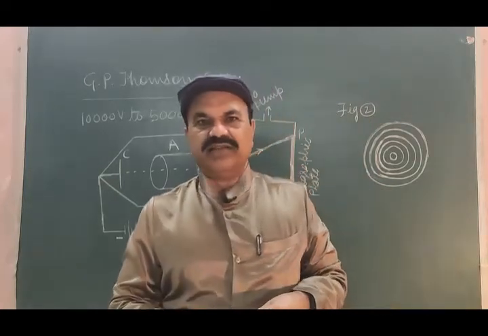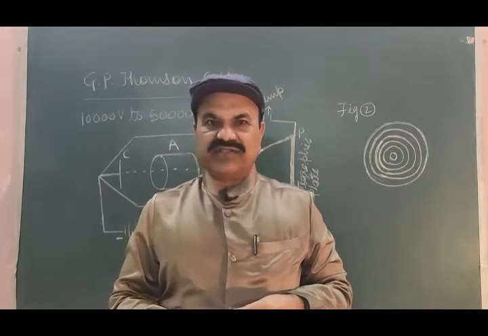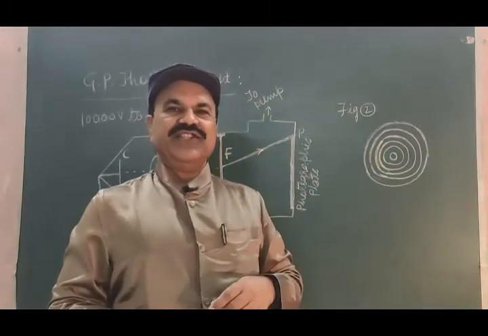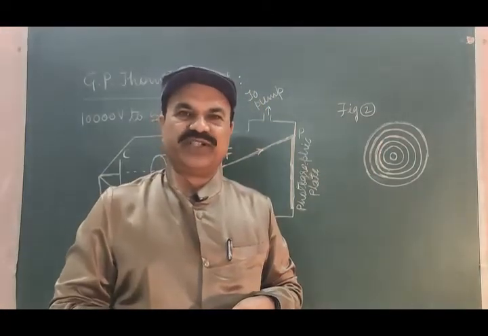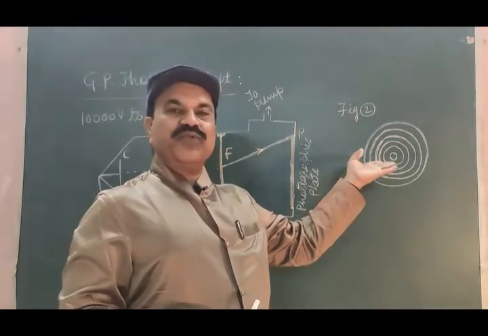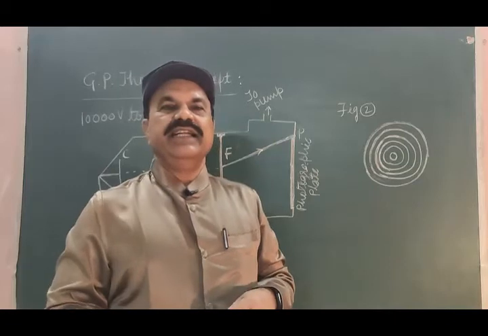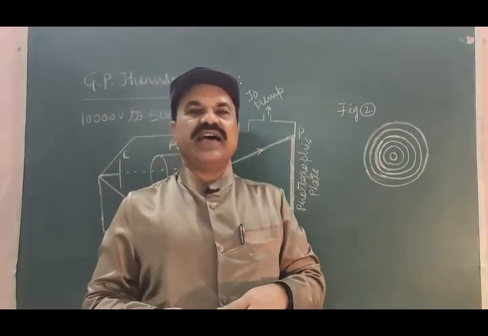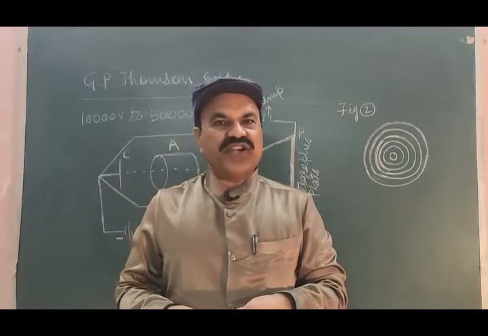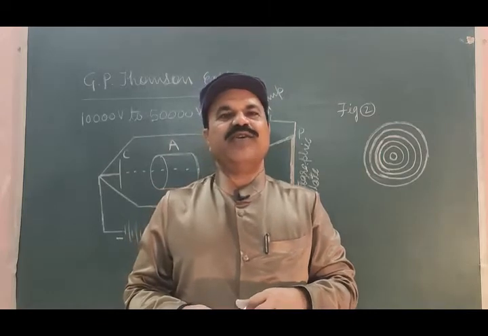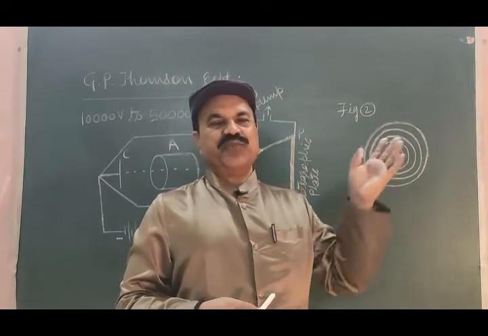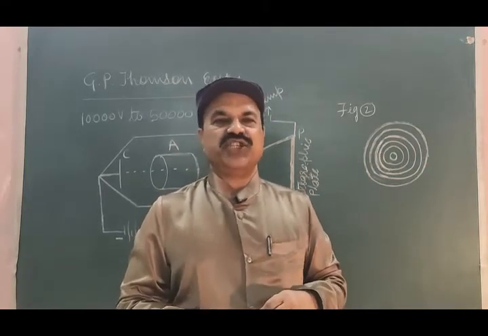X-rays are electromagnetic waves. X-rays can provide us this type of diffraction pattern. Electrons also provide this type of diffraction pattern. It means that electrons can have wave nature as well as particle nature.